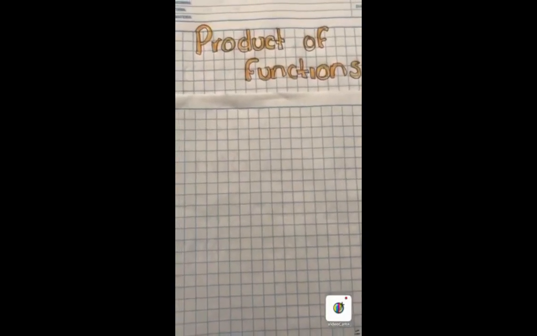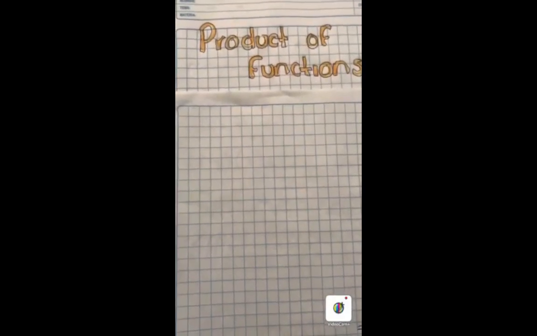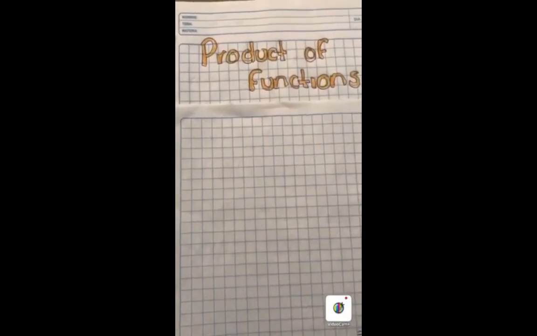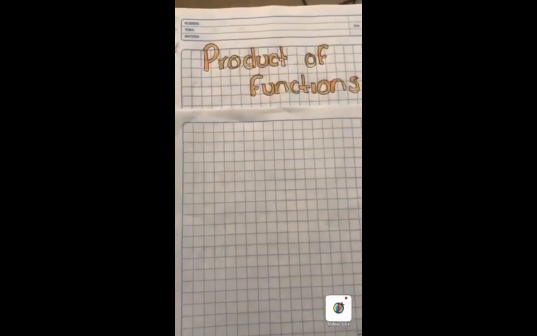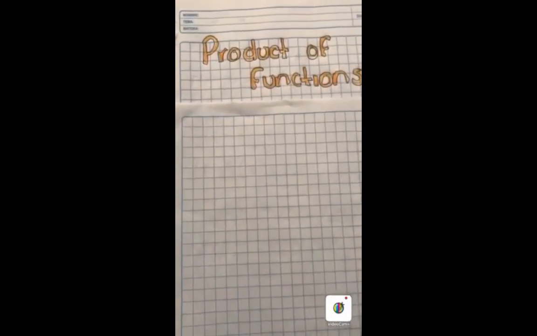Hello teacher, my name is Cleto Lopez and I will explain the product of functions. First, what is the product of functions? According to the internet, it multiplies all the numbers given as arguments and returns the product.